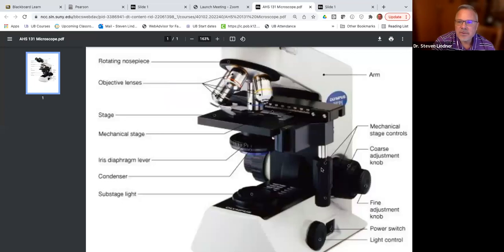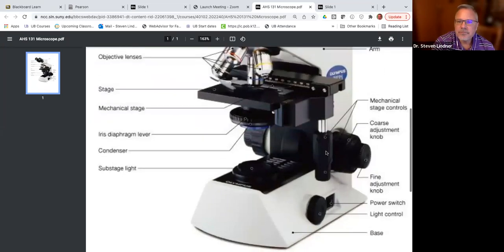Now, these two knobs are the mechanical stage controls. We have this one here on top, and we have this one here below. There's two controls. One of them is going to slide the stage forward and backward, and the other one is going to slide it left or right.